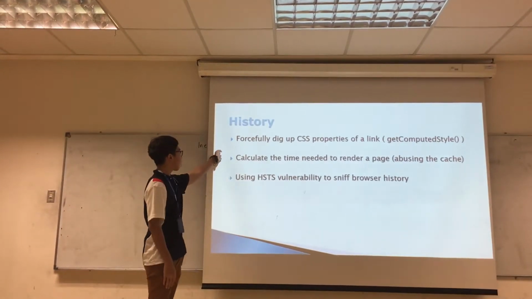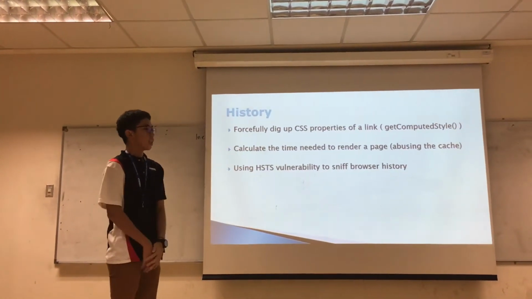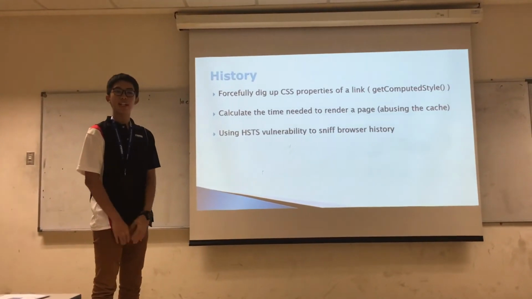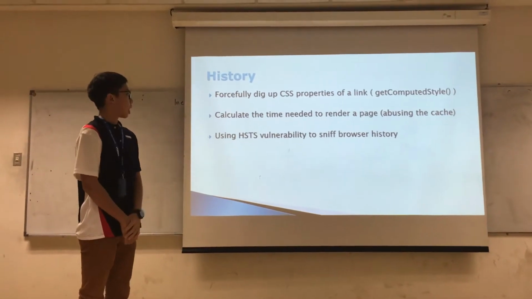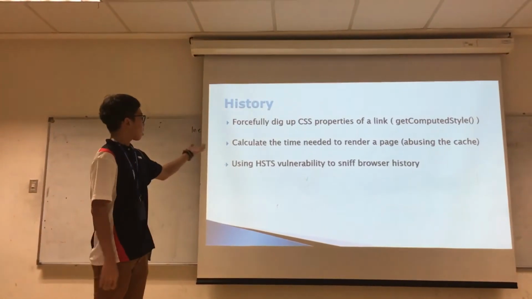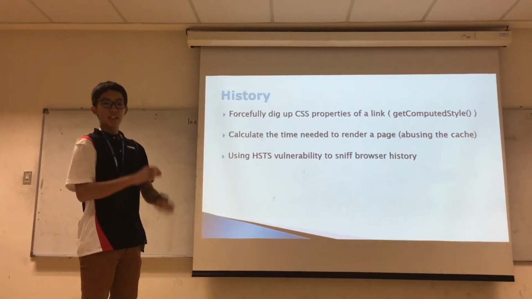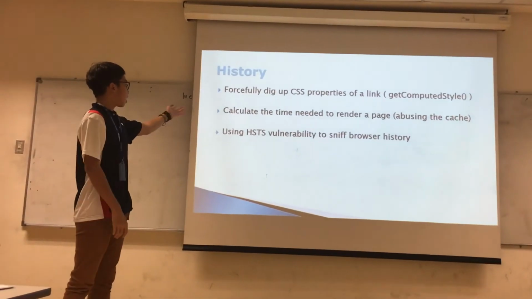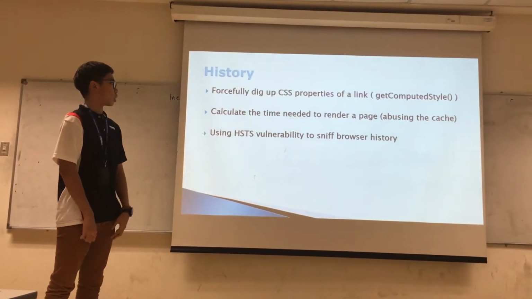First one, let's see forcefully picking up the CSS property of a link. If we visit a link on a website, usually the link will be painted purple. Next is to calculate the time needed to load a random page.